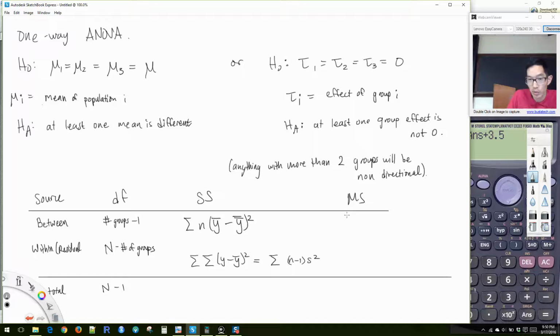Your mean squares is always sum of squares divided by degrees of freedom. And your F is mean squares between divided by mean squares residuals, also known as mean squares error.